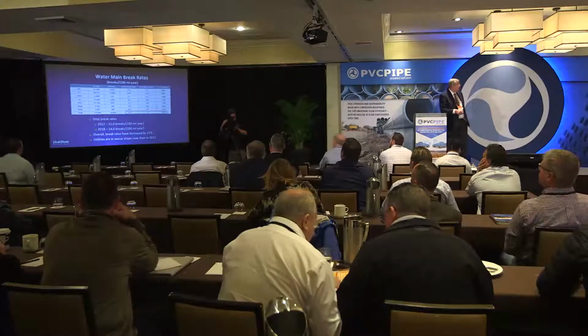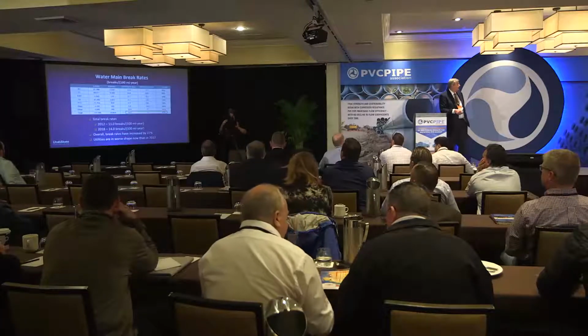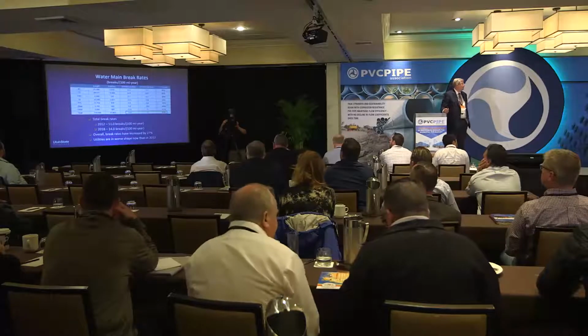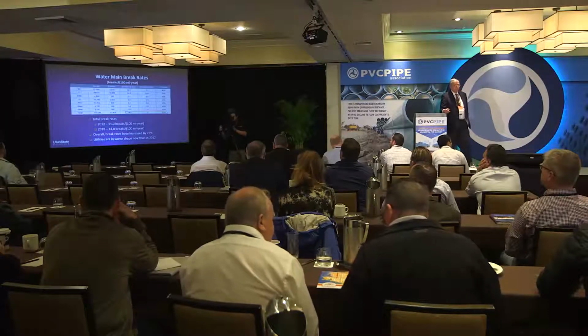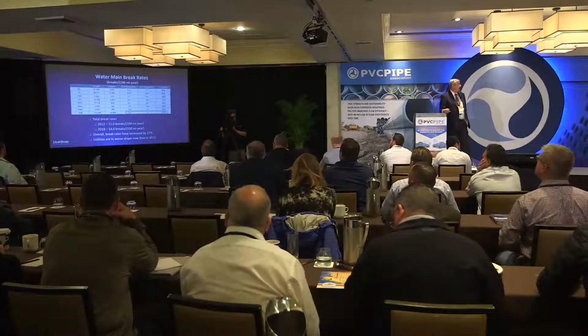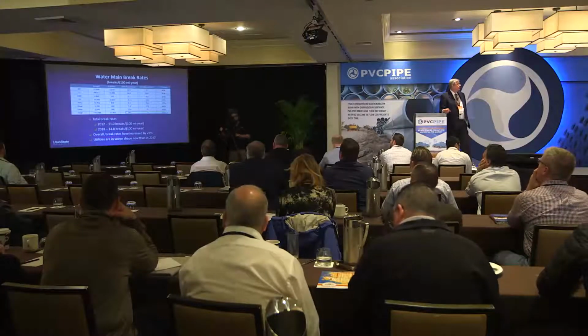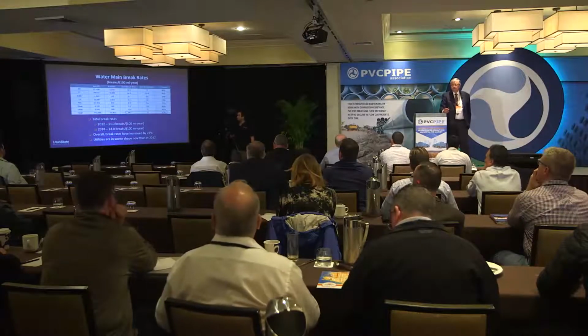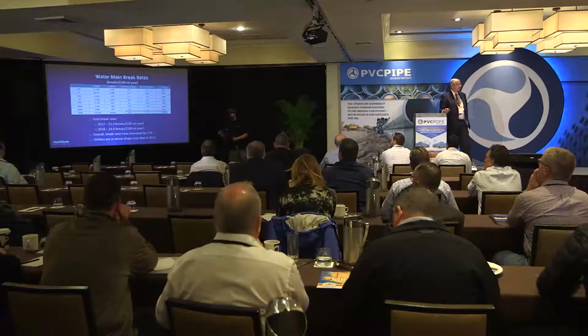One thing that's really important to point out: overall, we went from 11 breaks per 100 miles per year in 2012 to 14 breaks per 100 miles per year. Overall, break rates went up 27%.